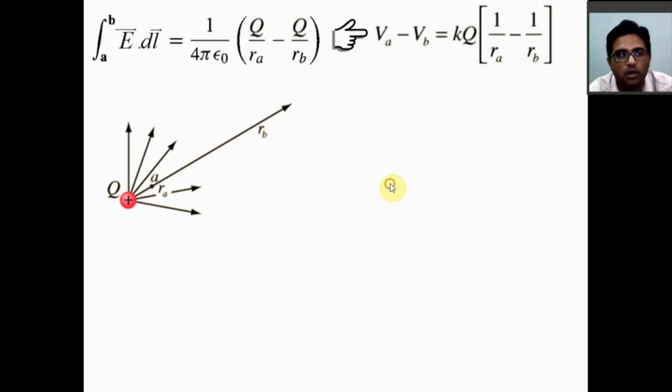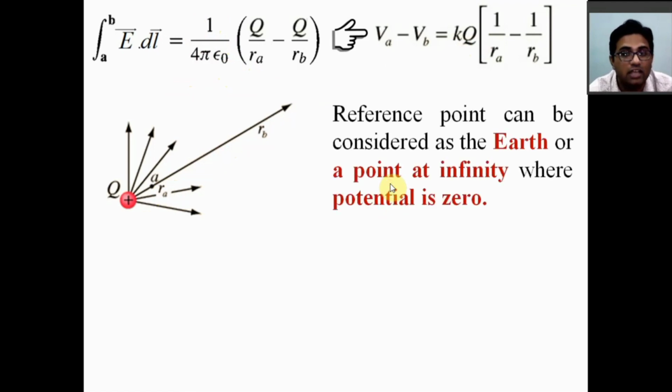Now the reference point can be considered as the earth or a point at infinity where the potential is 0. So you can choose a reference point in your own way where the potential is 0. The reference point is very much arbitrary. You can choose the earth as your reference point, or the point at infinity, because at infinity the potential is 0.